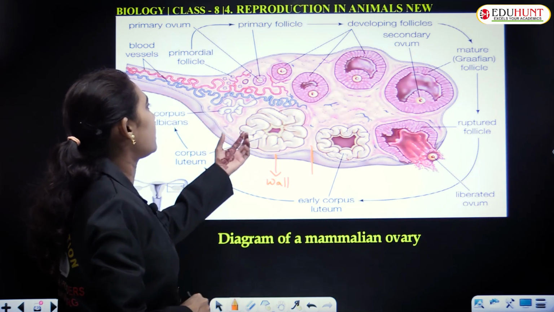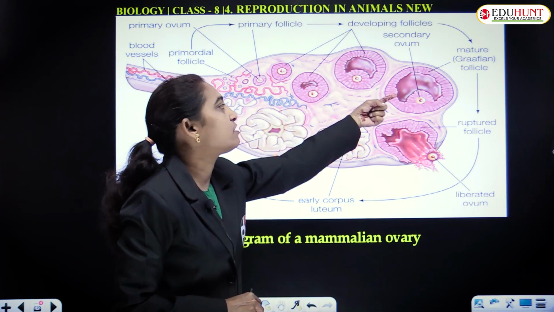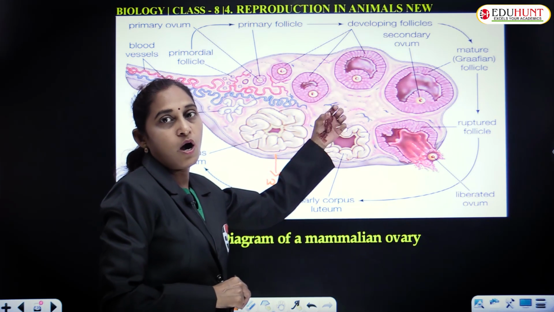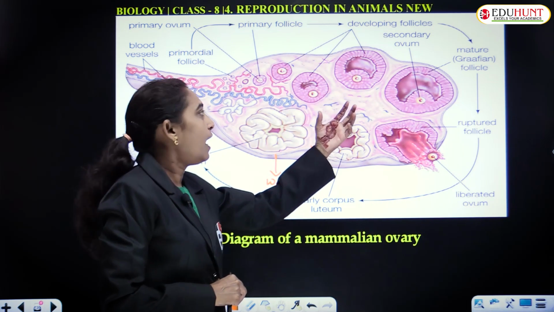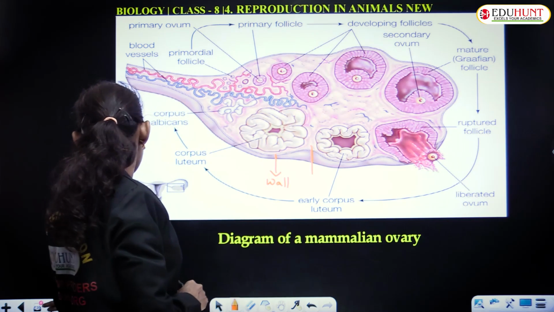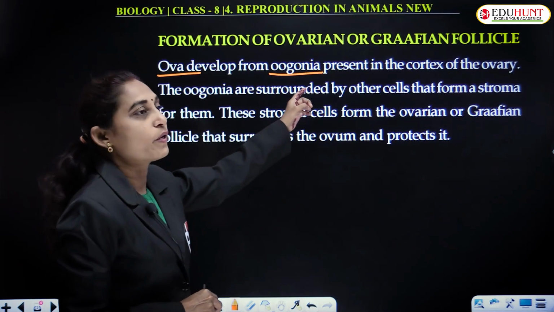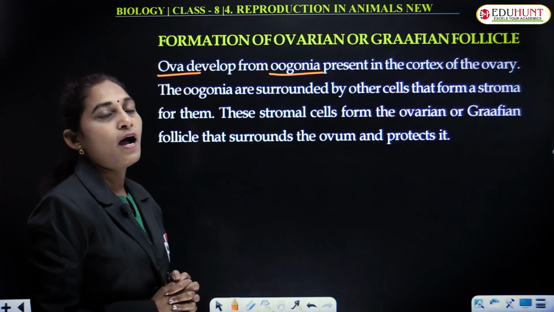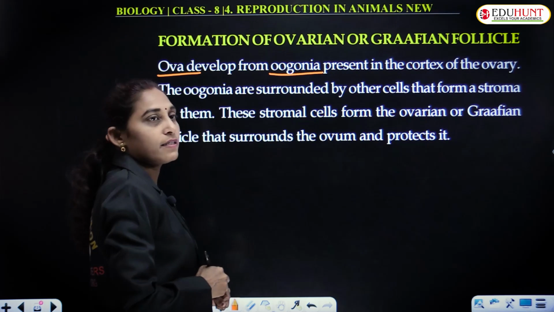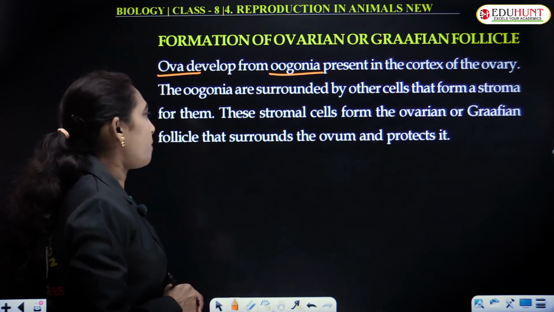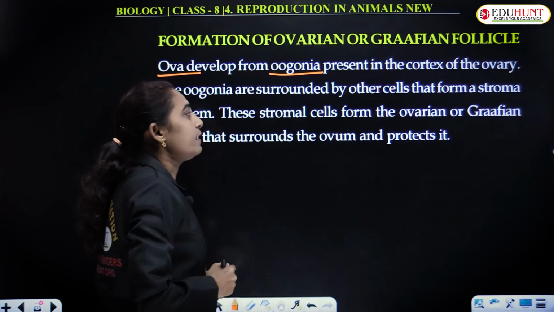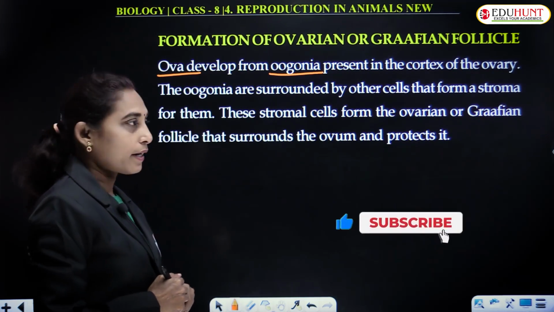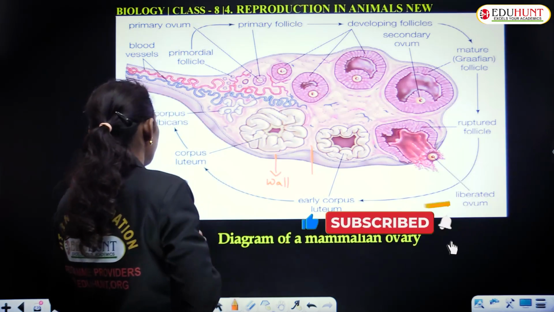Just now we saw that this is the peripheral zone, the cortex region of the stroma of the ovary, and it consists of the oogonia. The oogonia are surrounded by other cells of the stroma, and these stromal cells form the ovarian or Graafian follicles.